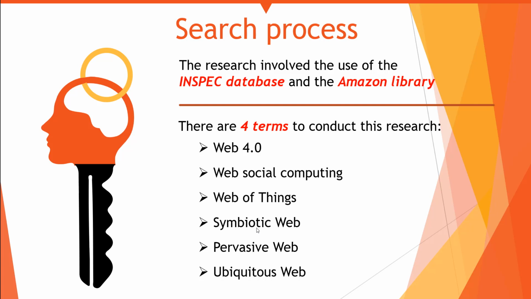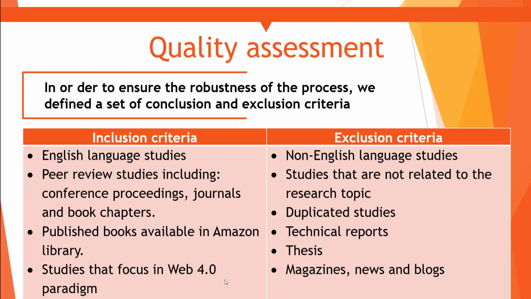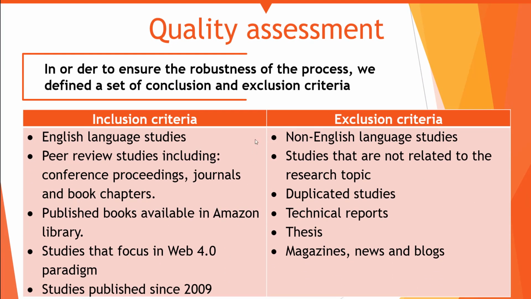The first is symbiotic, the second is pervasive, and the third is ubiquitous. And the quality assessment means what we can improve in our research, which can be listed here, and what we don't use in our research, which is defined here.